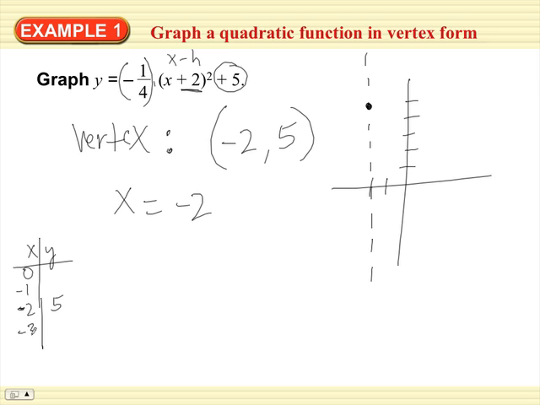So -3, -4. My table is going to be a little backwards, but get the idea. 0, comma, what? I got 4? -1, comma? 4.75. Okay, 4.75. And -3, comma? -1.25. -4.